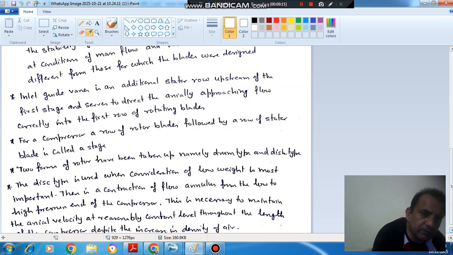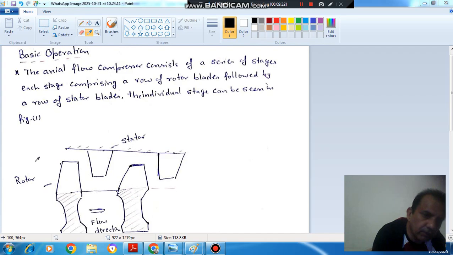The next point: the inlet guide vane is an additional stator row upstream of the first stage and serves to direct the axially approaching flow correctly into the first row of rotating blades. So here there is one stator blade, the inlet guide vane, that directs the flow to the rotor.